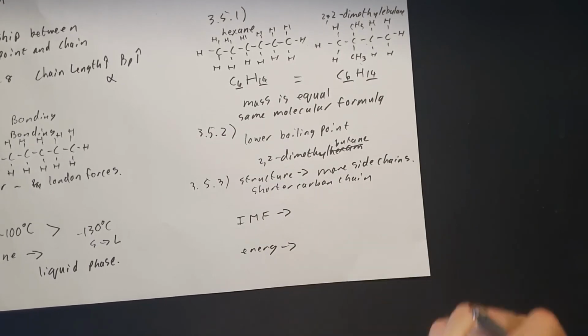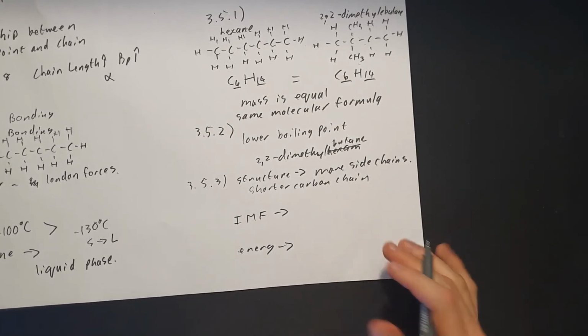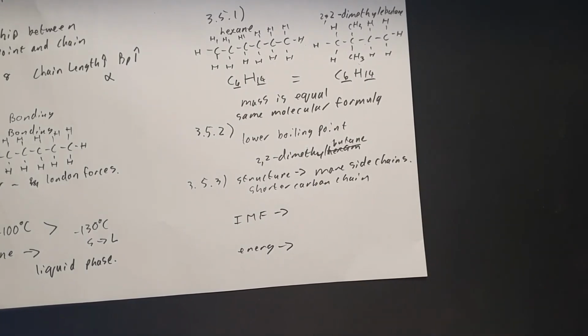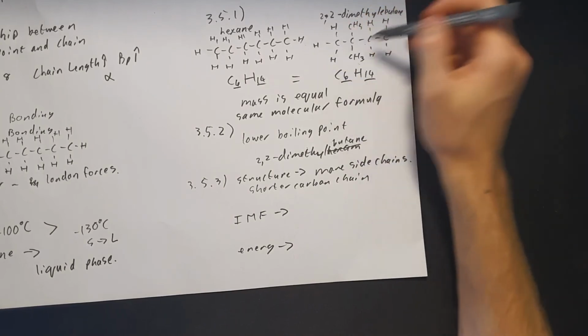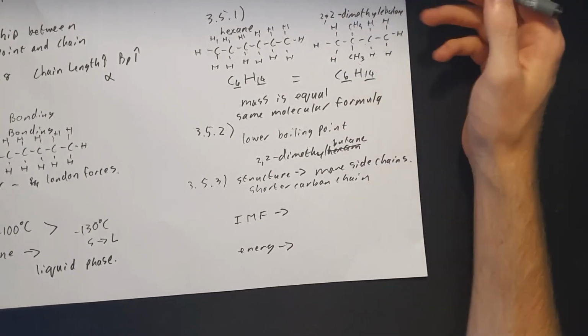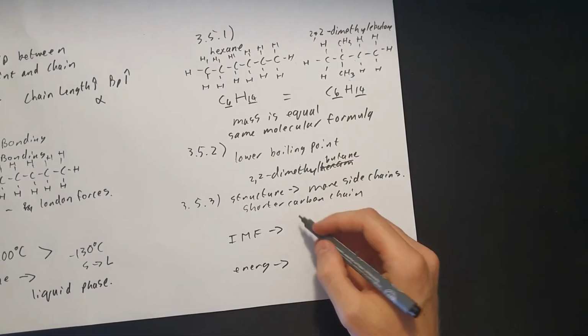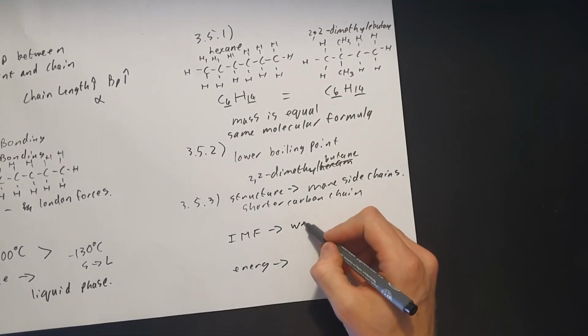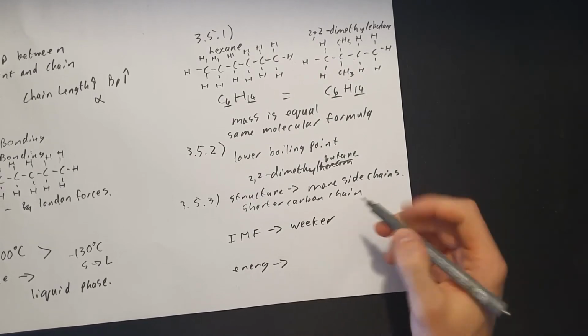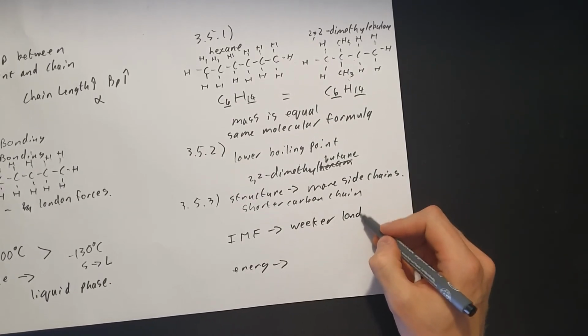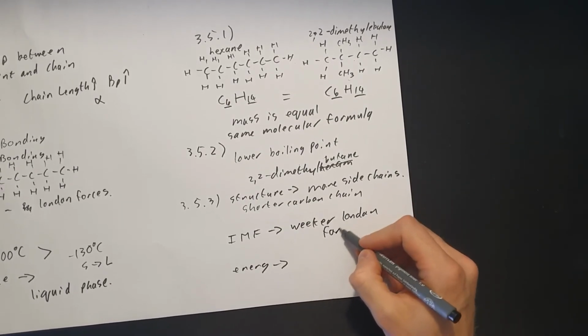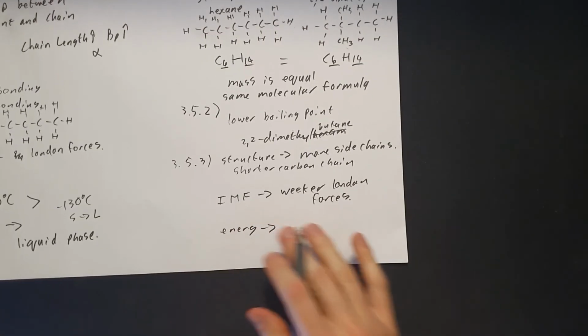Okay, now we look at the intermolecular forces. So we're still dealing with London forces because we still can't pick up the exact polarity of it. Actually, it's non-polar because it doesn't have a definite positive or negative sign. So it's still dealing with weak London forces, or weaker London forces, for its intermolecular forces.